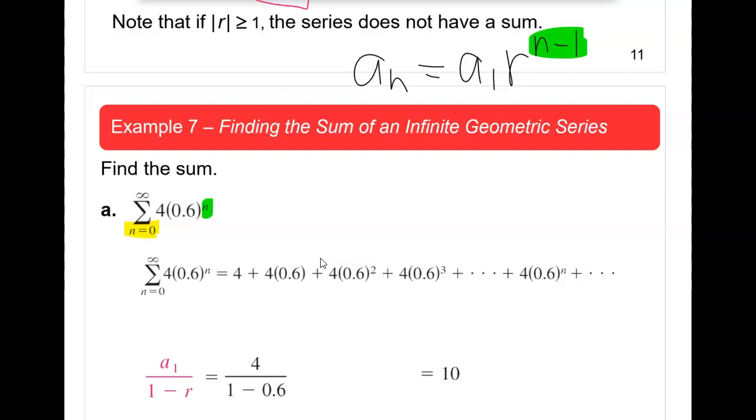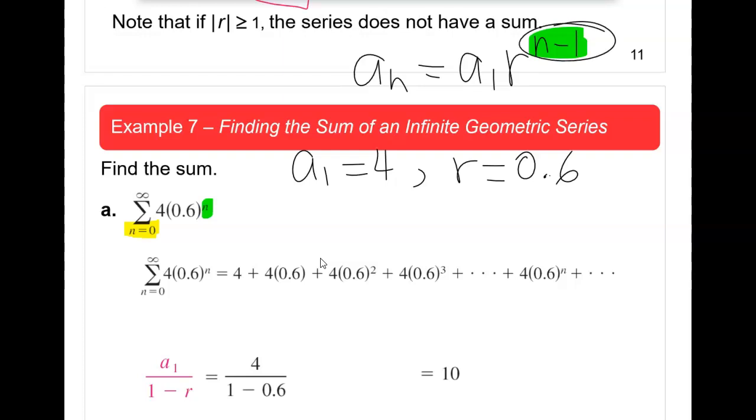We discussed how sometimes, for convenience, we let that index start at 0. And this will be one of those cases. Because what we want is to be able to say a sub 1 is 4, and the common ratio is 0.6.